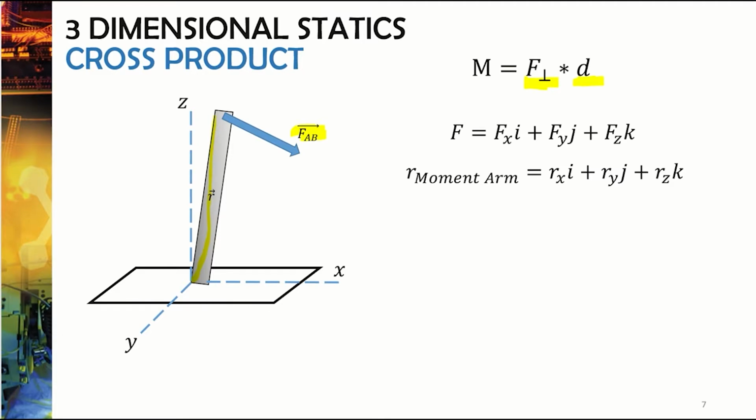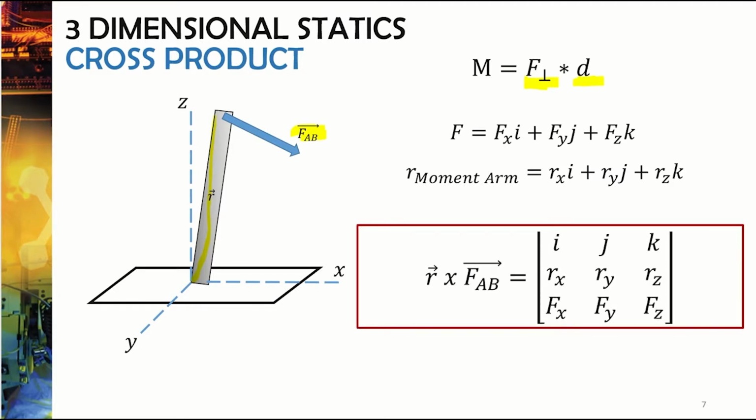It might seem a bit overwhelming, and that's where we have the cross product come in. Now the cross product essentially must be in this order right here in order to work. This is very important that you have to do R cross F, otherwise our sign conventions will be a bit off. But the idea is that you have the moment arm, R, in the top portion of the cross product, and then you have the force down in the bottom.